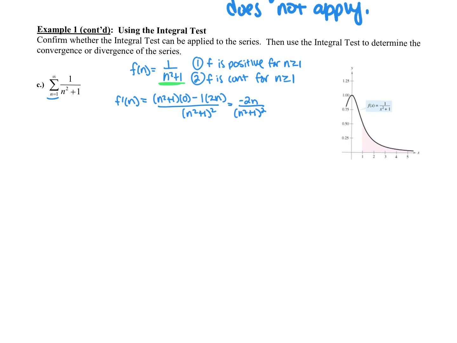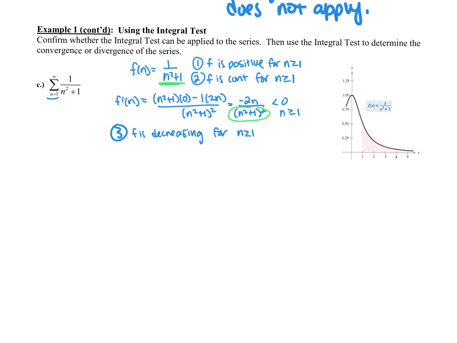And for this, the bottom is positive, right? Always because of the square. And the top will be negative for any positive number in there. So this is definitely less than 0 for n greater than or equal to 1. So f is decreasing for n greater than or equal to 1. Okay, so we have checked our 3 things, and so now we can apply the integral test.